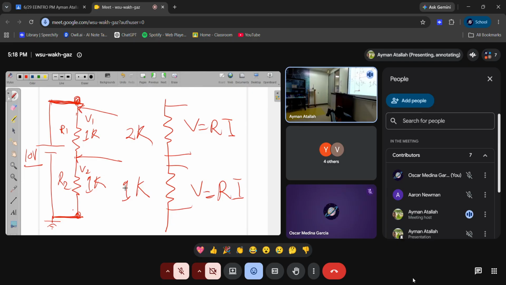If this is double this, the voltage across this one will be double this voltage. So if the total is 10, and this is double this, it will be like 6.6 here and 3.3 here. The voltage is proportional to the resistor. When you have resistances in series, the voltage is distributed according to the resistance value.